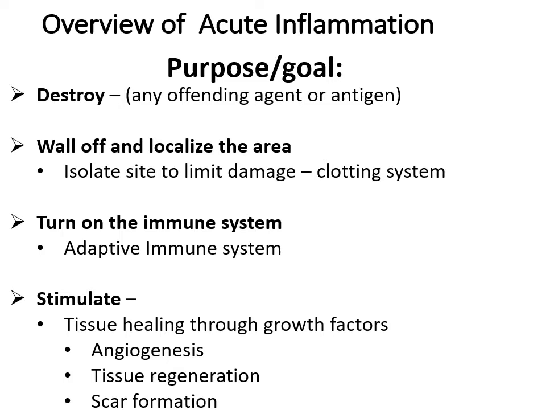There's the fibroblasts that now want to come in and heal the tissue and produce new collagen, okay? So new blood vessels will form in the area where it's been injured, tissue regeneration, and potentially even scar formation, okay, through production of fibroblasts that make collagen.